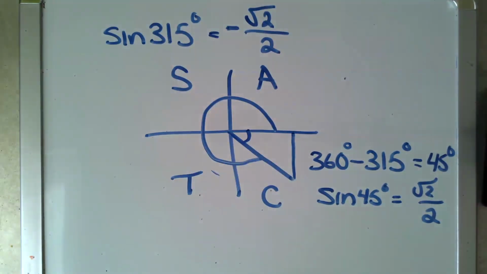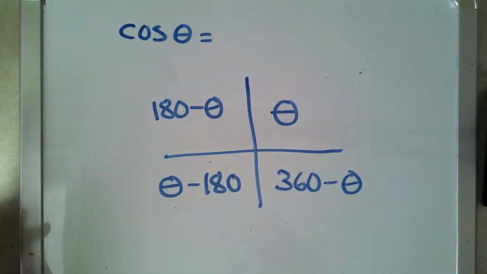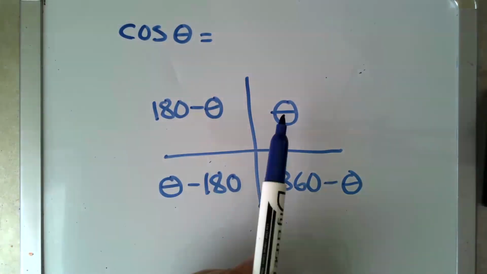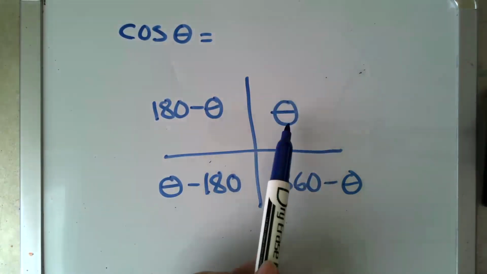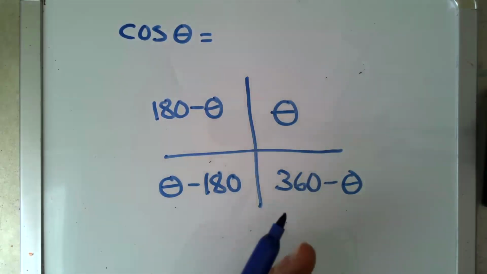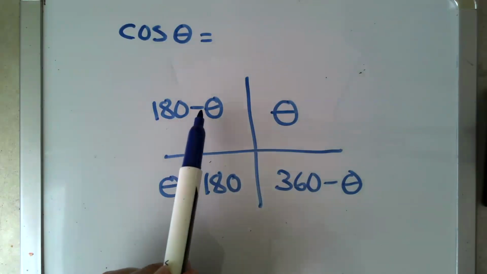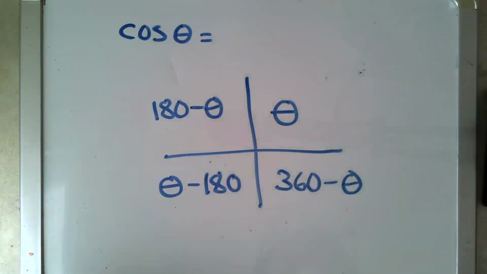Let's look at how to calculate it for any theta. All right, if you're asked to find the cosine of some theta in your first quadrant, you will simply use theta, right? That's your reference angle. It's your first quadrant angle. If your theta is in the second quadrant, 180 minus that theta gets you your reference angle.